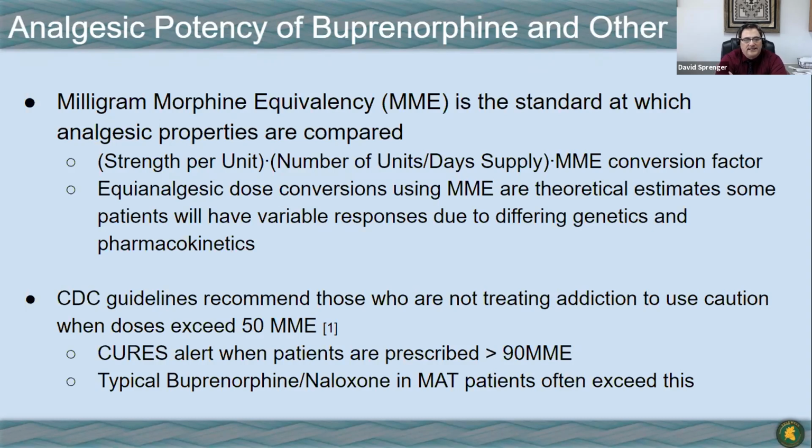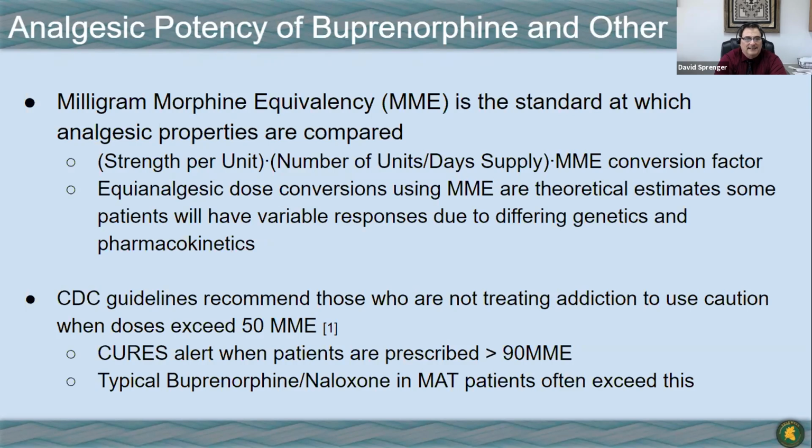The CDC guidelines recommend that folks who are not treating addiction use caution when going over 40 or 50 milligram morphine equivalents for treatment of chronic pain. Some of you may be familiar with these new guidelines.